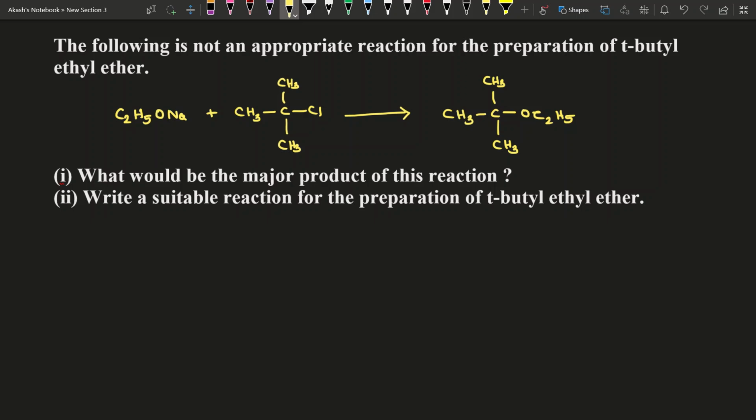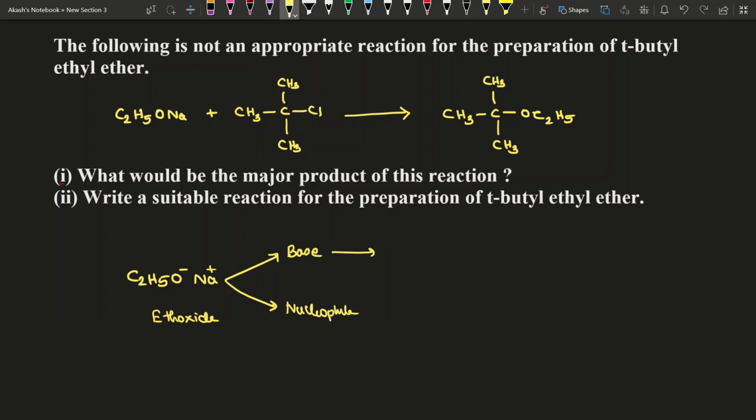So when you look at this reactant, our reactant has C2H5 O minus Na plus, that means an ethoxide molecule, which is allowed to react with an alkyl halide. When you have an alkoxide or ethoxide molecule, two different actions are possible. It can act as a base or it can act as a nucleophile.